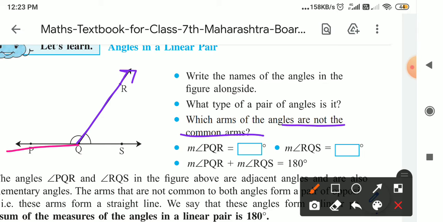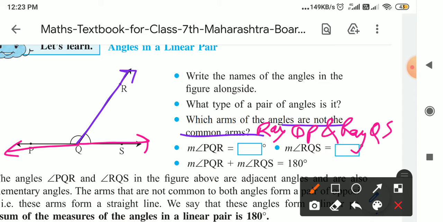So QP and QS, these are ray QP and ray QS, the not common arms.